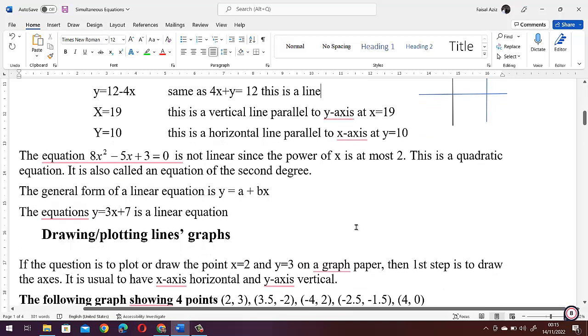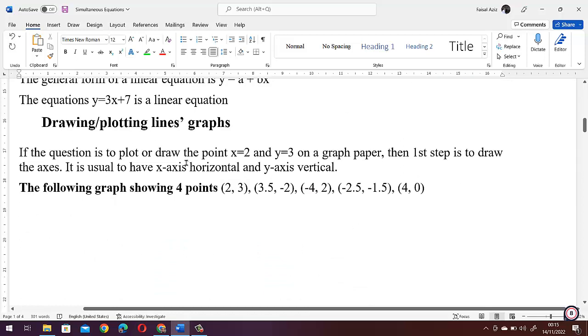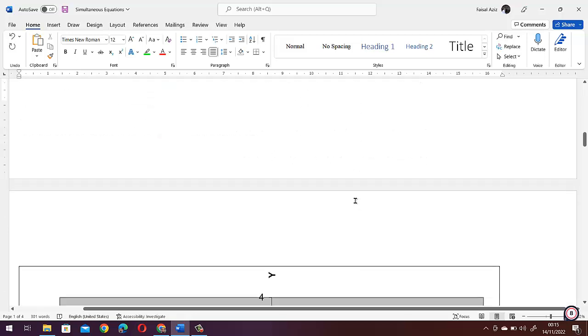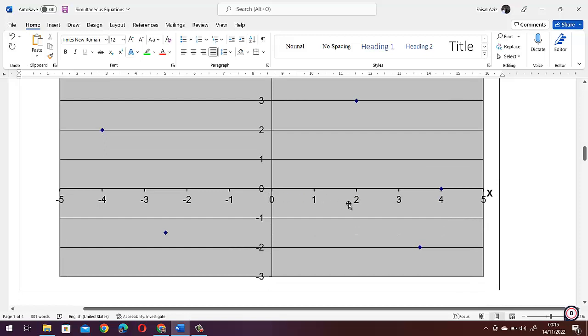Similarly, how we can plot a graph, I have already explained in the upper part of my discussion. Like we have the following points, 2 comma 3, 3.5 comma minus 2. So we have these 5 points. Some of the points I have mentioned, how we can plot them. Like for example 2 comma 3. So on x-axis here we have value of x equal to 2, and on y-axis we have value of y equal to 3.